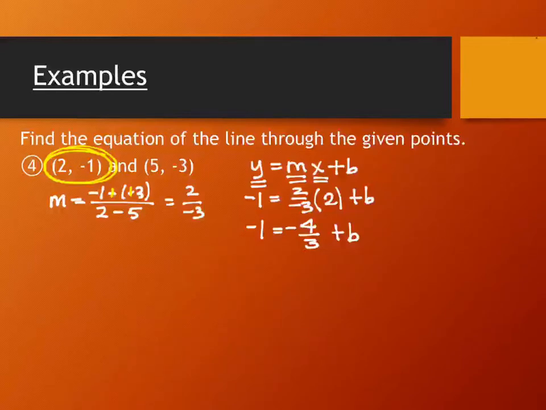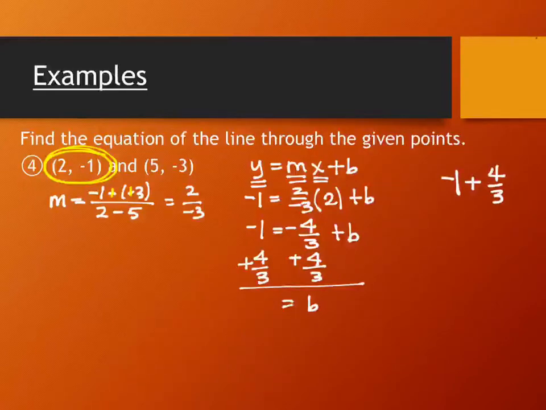So, hey Chris, you'd asked about fractions and decimals earlier. This is one where we can't change it into a decimal because it's got a denominator of 3. So we're kind of stuck using fractions on this one, whether we like it or not. But we can move the 4/3 to the other side with addition. So I've got negative 1 and I've got 4/3.